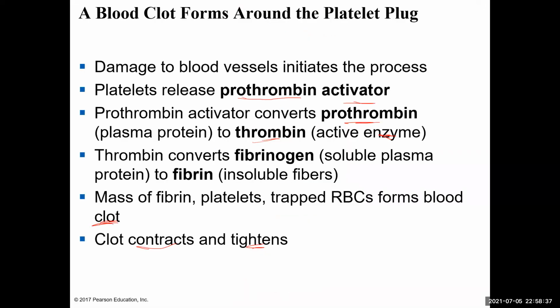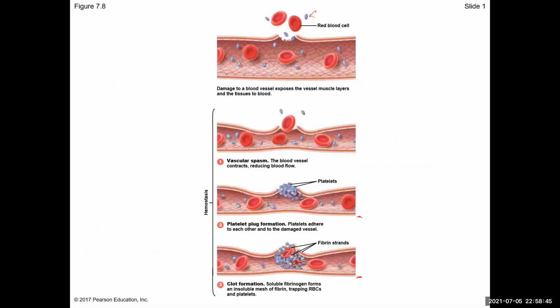So these here, and then the thrombin converting the fibrinogen into fibrin, right? So you're going from prothrombin to fibrin so that those fibrin strands can bind with the platelets that are in that platelet plug and the red blood cells to basically form this insoluble mesh of material that is forming that clot. Okay?